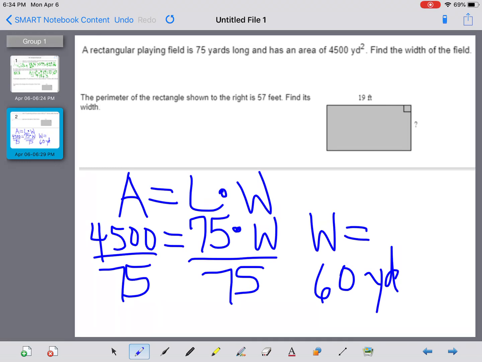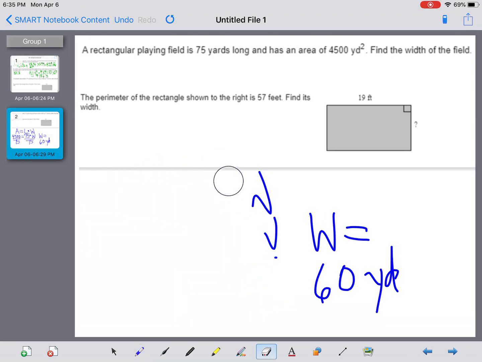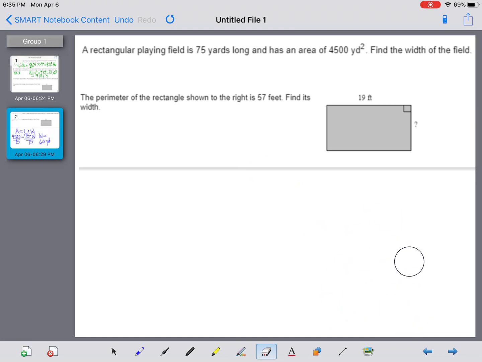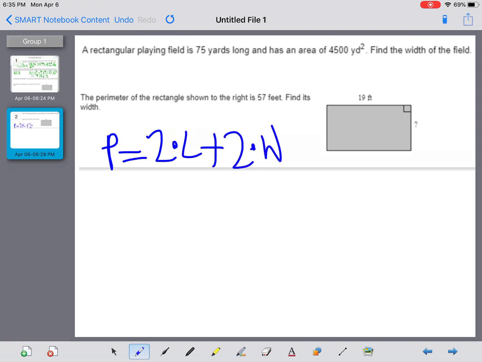The next example also involves a rectangle, but this time around perimeter. The perimeter of a rectangle shown is 57 feet. Find its width. The rectangle is one of the few shapes that actually has a formula to find its perimeter. And it is P equal to 2 times the length plus 2 times the width.